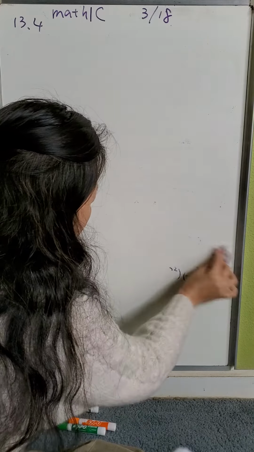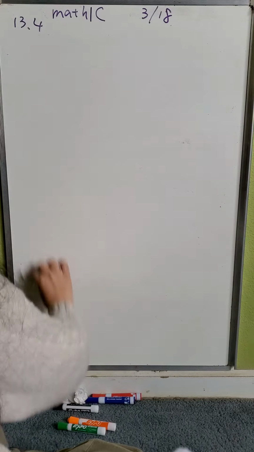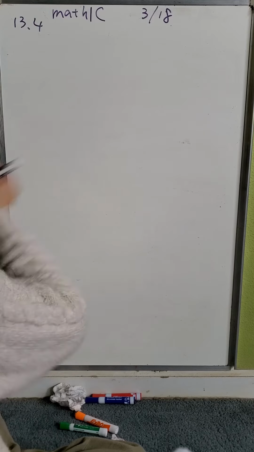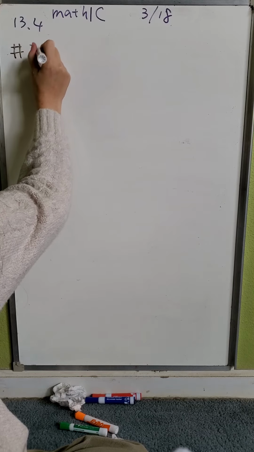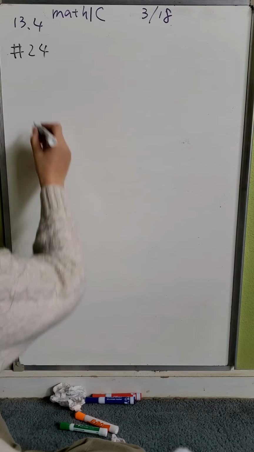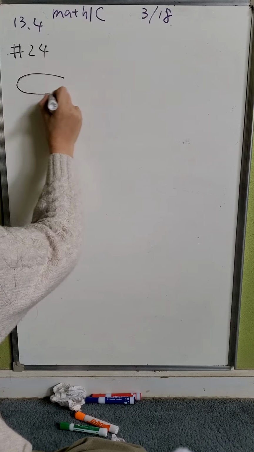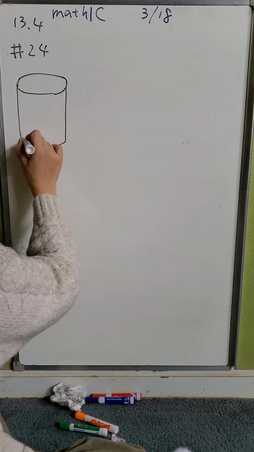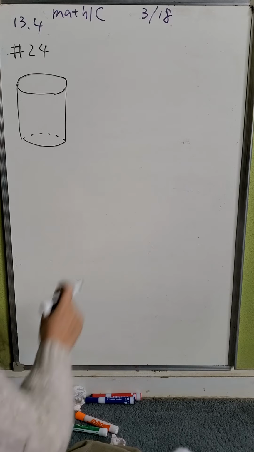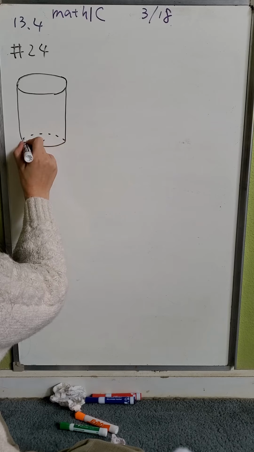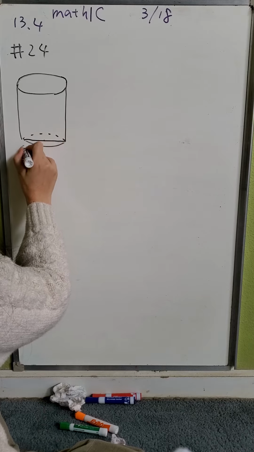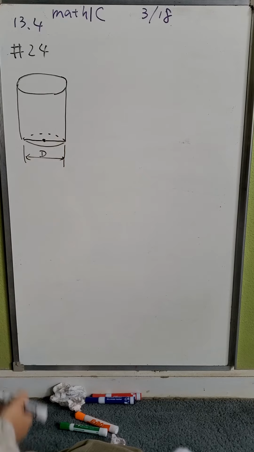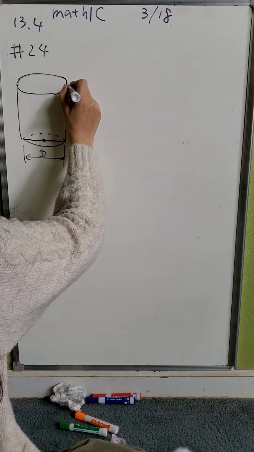Okay, so here is problem number 24. On number 24, you are given a cylinder. They said there's an error in the diameter, so this is D here, diameter, okay, this is D, and that's the center, and then there's an H here.